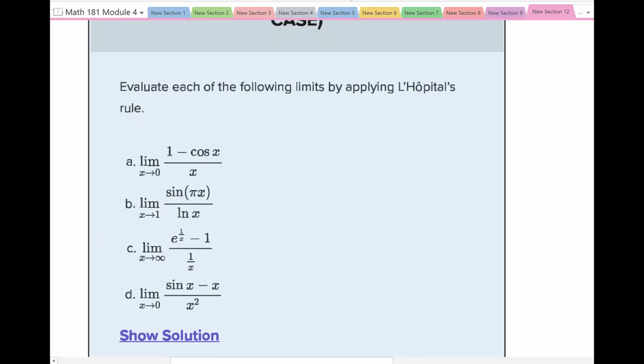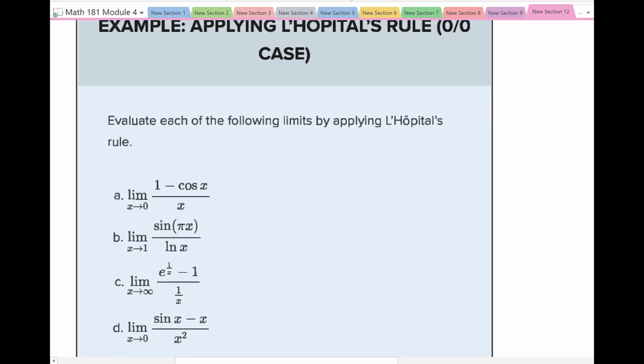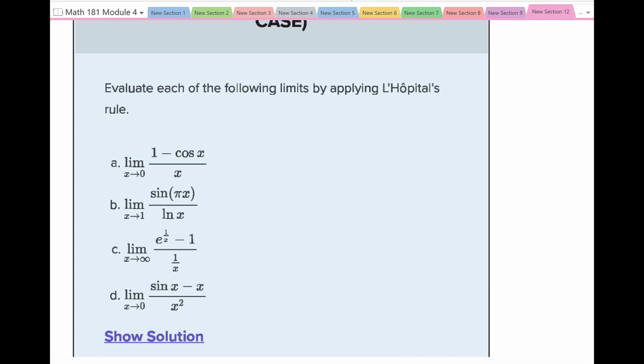Okay, so here's our first set of examples. We're going to evaluate each of the following by applying L'Hopital's rule. The first one says limit as x approaches 0 of 1 minus cosine x over x. You put a 0 in there in the numerator, you're going to get 1 minus 1, which is 0 over 0. So if we apply L'Hopital's rule, and I like to do a little h here, I learned that from another textbook, just to show what's happened from step to step.